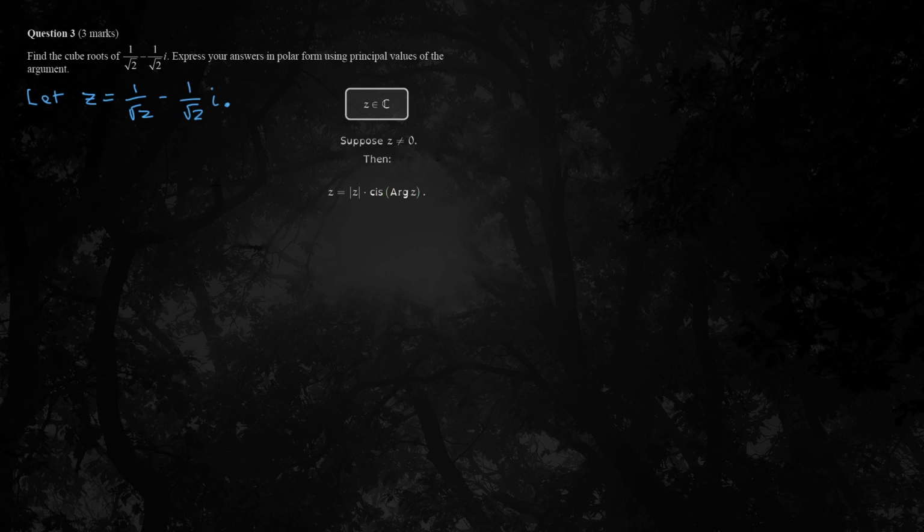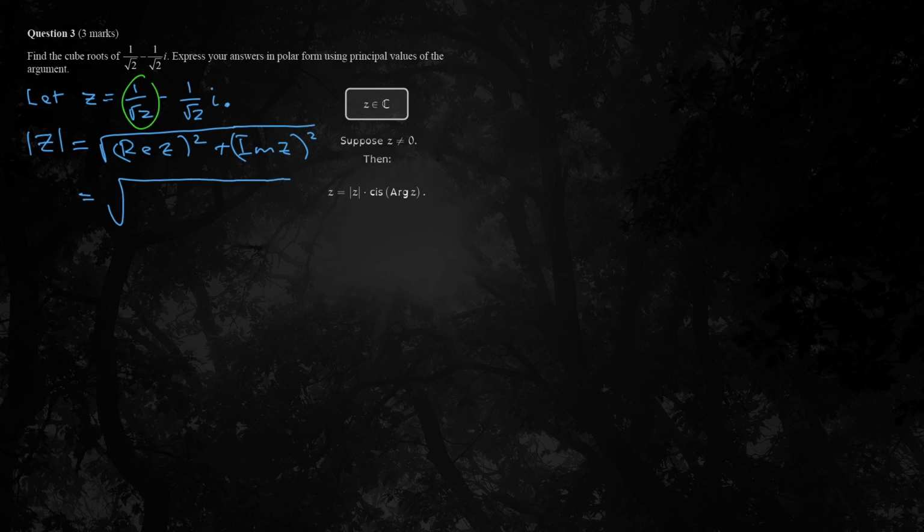So to actually use this, we can just go ahead and start computing things. Let's find the modulus first. The modulus of z by definition is the square root of the real part of z squared plus the imaginary part of z squared. So this is the square root of, the real part is 1 over root 2, and if we square that, we get half.